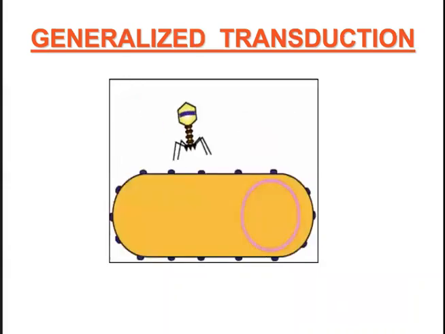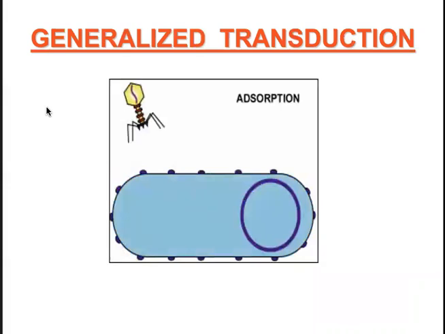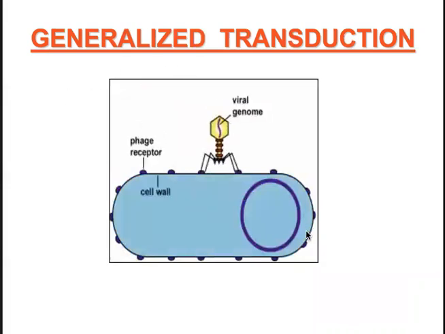So it appears to be a virus, a bacteriophage, but it carries bacterial DNA. So it causes the transfer of genetic material of one bacterium onto another bacterium. So that's generalized transduction.